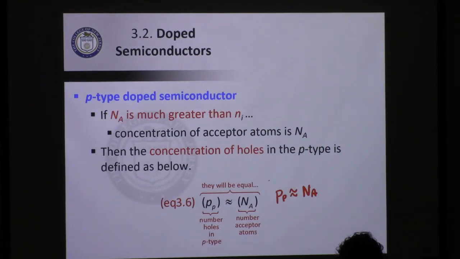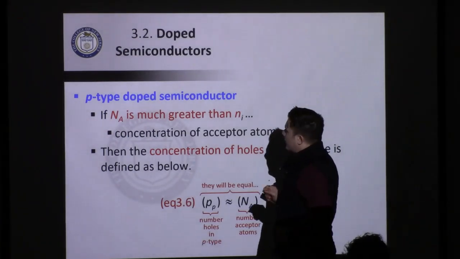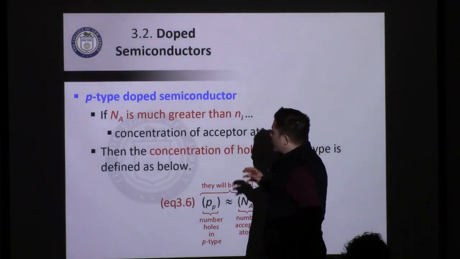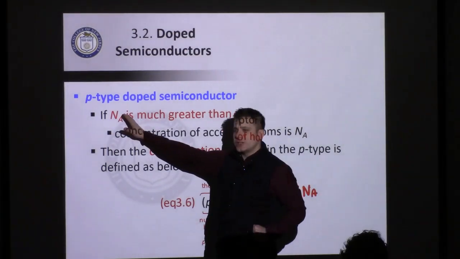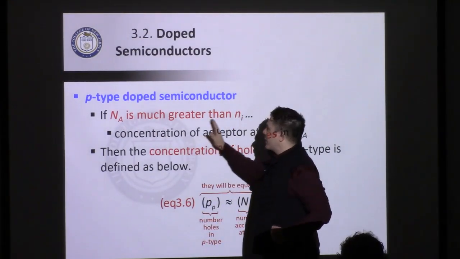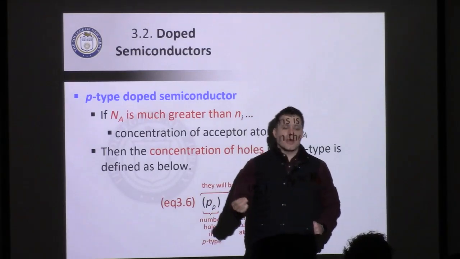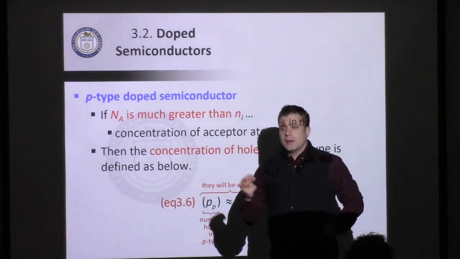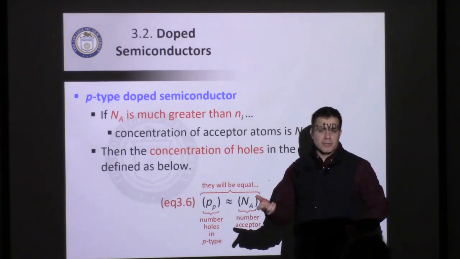Okay, so now let's talk about the effect of the doping. First things first, we're going to assume whenever we dope that the concentration of the doping impurity is much greater than Ni. If you remember, Ni was the concentration of holes as well as the concentration of electrons that are thermally generated for the intrinsic semiconductor.